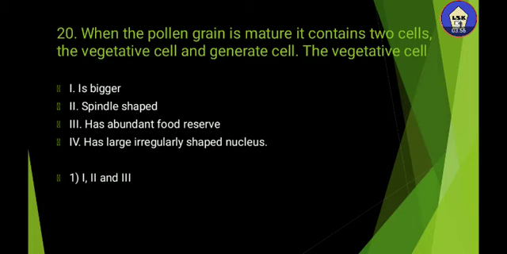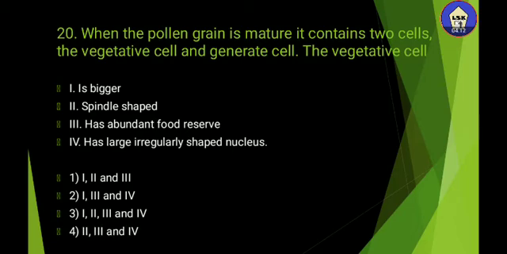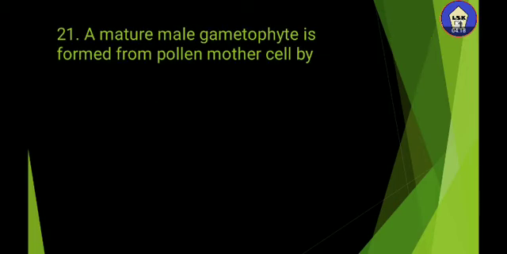So the vegetative cell is bigger, it has abundant food reserve, has large irregularly shaped nucleus. So it should contain 1, 3 and 4. So option 1 is wrong. Definitely option 2 should be the right answer. 3 is wrong, 4 is wrong. The correct answer is option 2, the question number 20.